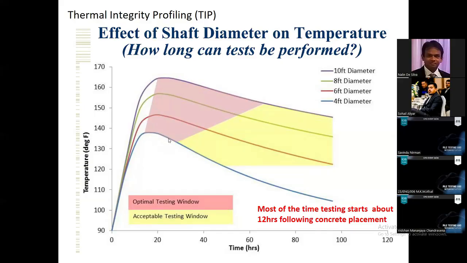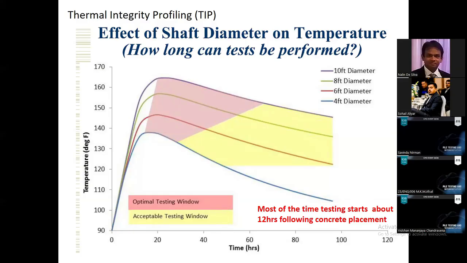For relatively small diameter piles, the testing window is from maybe 12 hours to 36 hours, right? You can start the test 12 hours after concreting and continue the test up to 36 hours. So this testing procedure is quite fast compared to sonic logging.